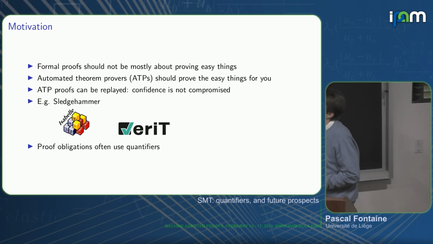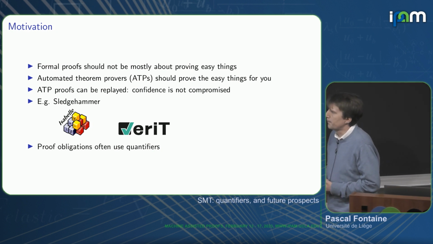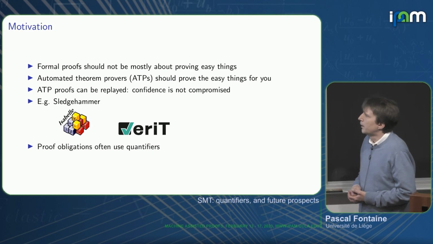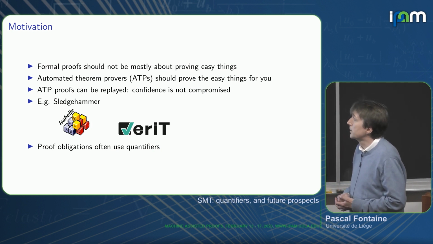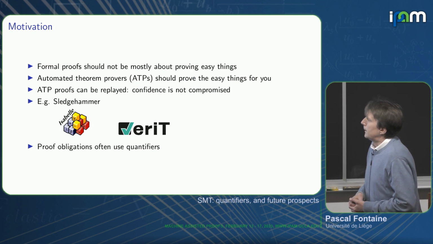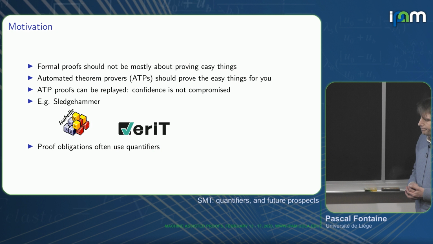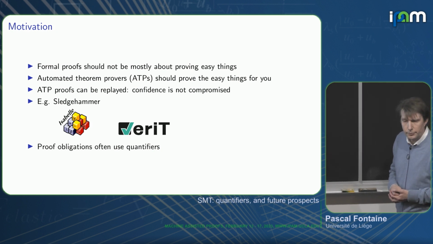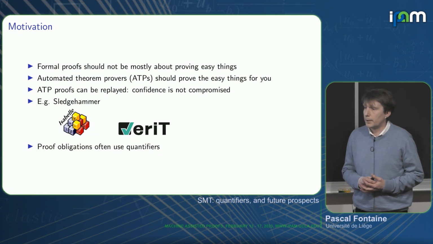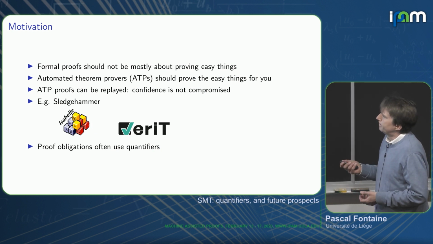Formal proofs should not be mostly about proving easy stuff, okay? AI can help us, but also automated theorem provers can help us prove the easy things for us. And if you are using automated theorem provers, you don't have to trust them. They can give you proofs, as Haniel explained yesterday, or the day before, I don't remember.